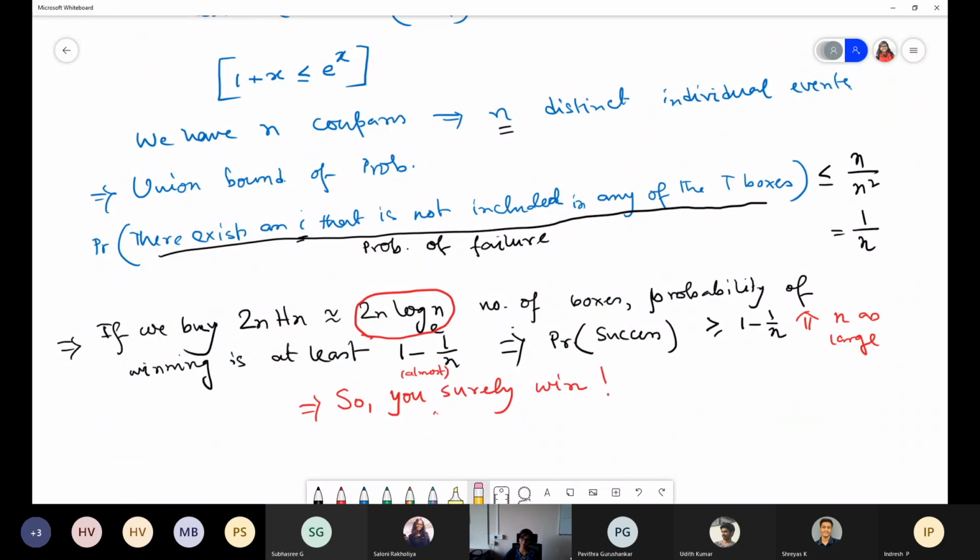The number of boxes is the same in every case, we are just changing the probability value. We try out the probability that if I collect this many boxes I am going to win, and here ultimately we can be convinced that yeah, we are going to win. Okay.